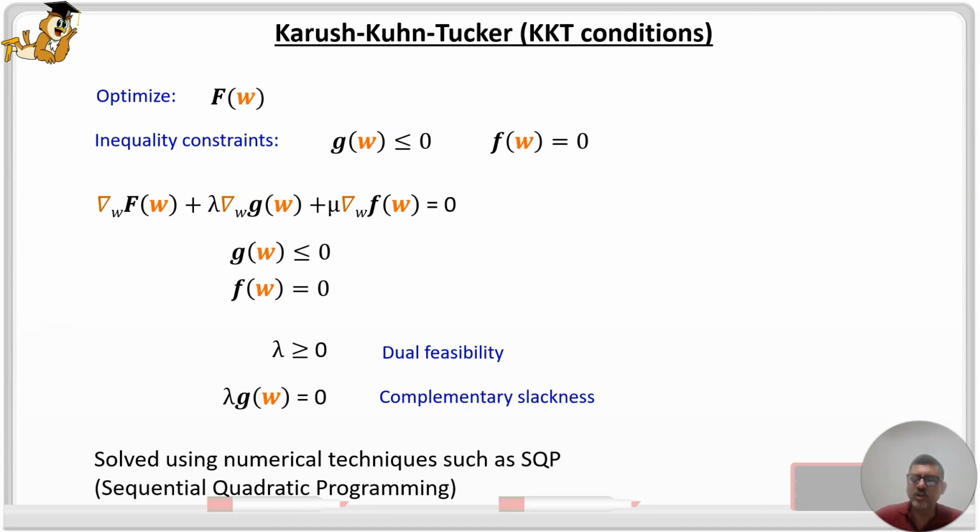And if you wanted to dig a little bit deeper, these would be your search prompts: KKT conditions, SQP, and so on and so forth.